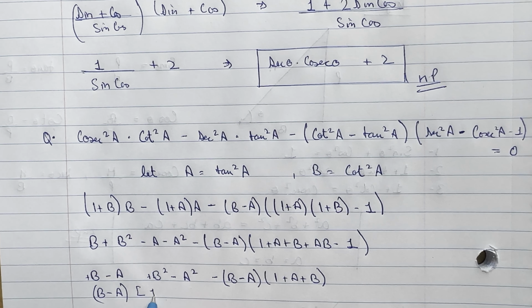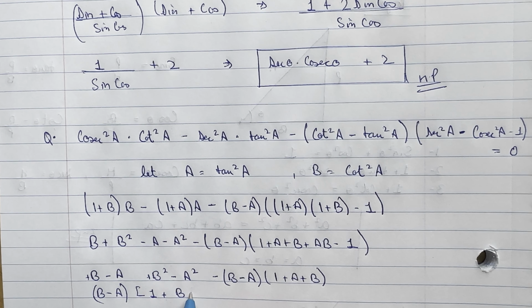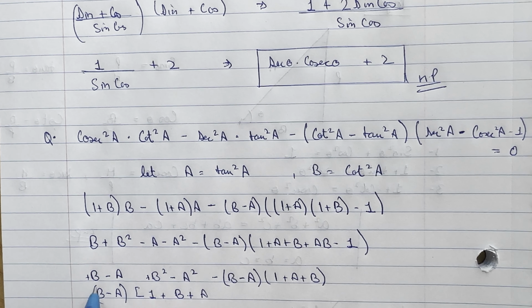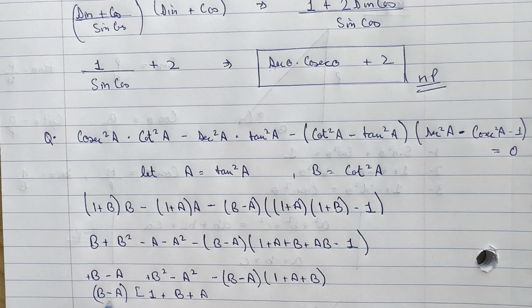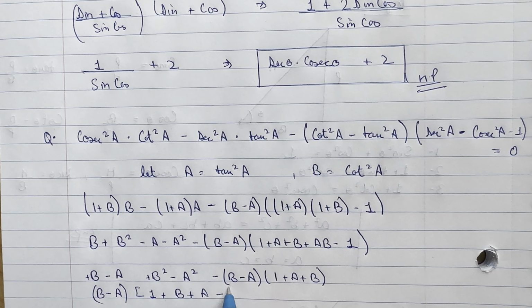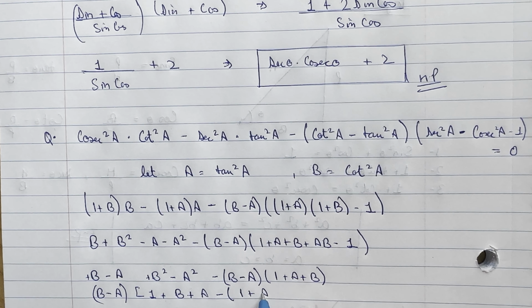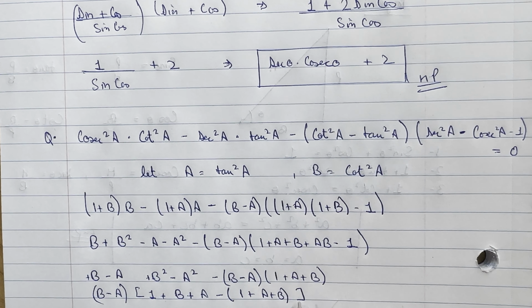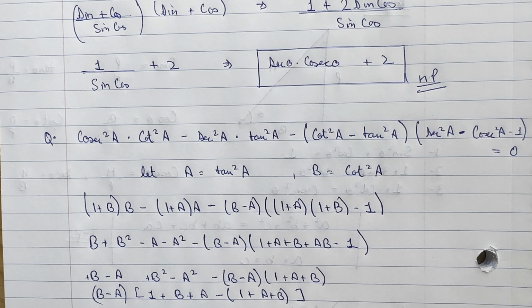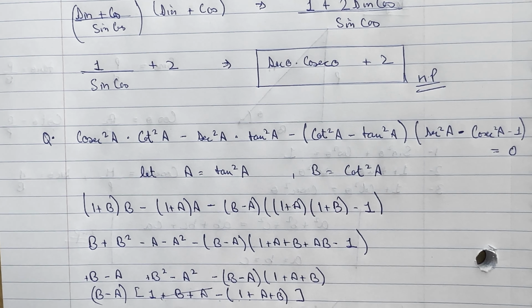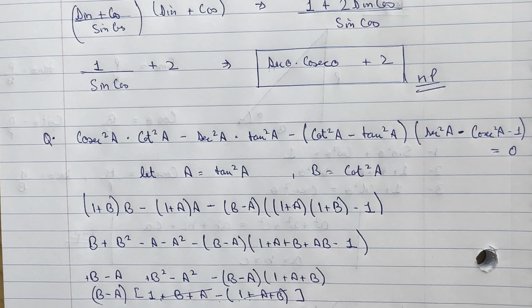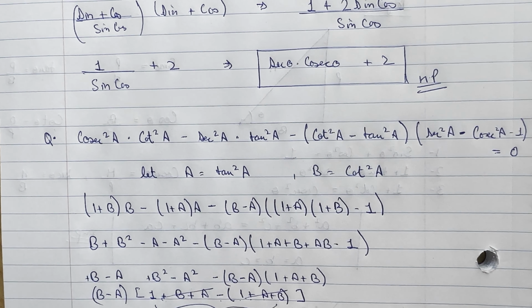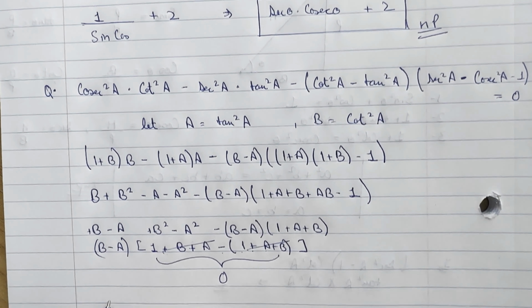It will give me 1 plus B plus A, minus 1 plus A plus B. So this is 1 plus B plus A, and this is negative of 1 plus A plus B. So this whole cuts down and it turns out to be 0.